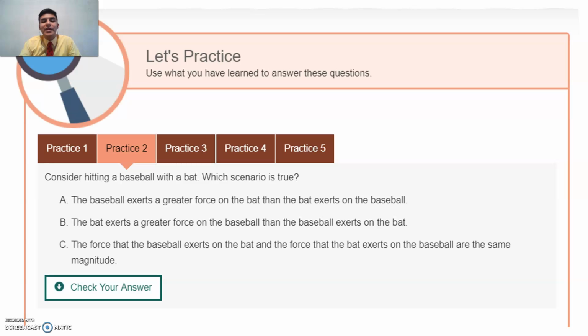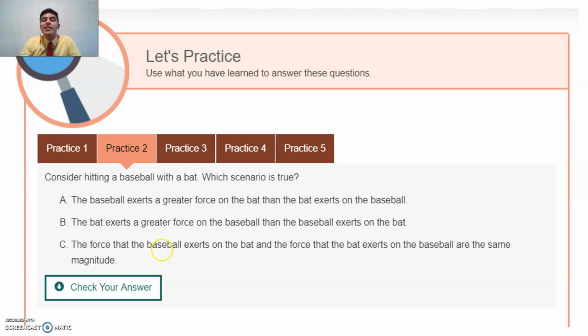Alright, so here is a little bit tricky because most students will say that the correct answer will be letter B, because they are considering that the mass in the bat is actually bigger than the one in the baseball, and just comparing sizes we will right away say that the bat will actually apply a greater force to the ball.